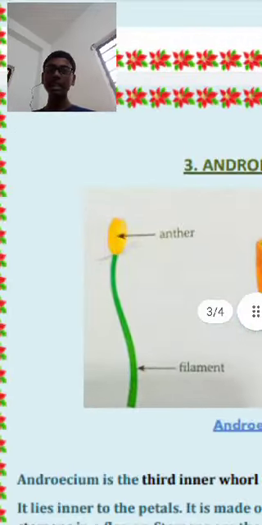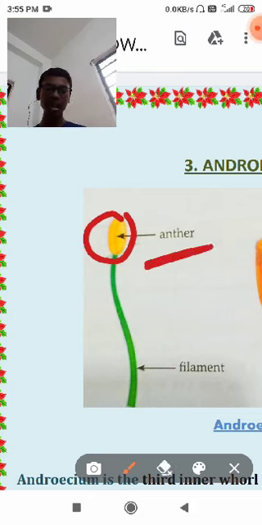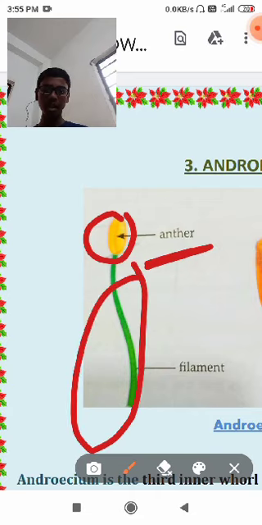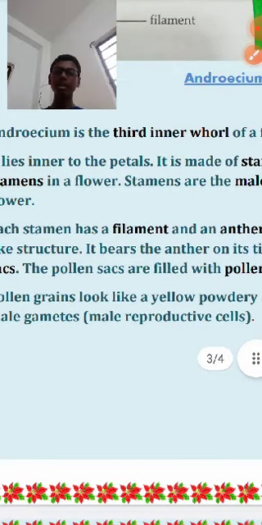So together anther and filament make the stamen. Now this part is the anther and this part is the filament. So anther and filament together make the stamen.